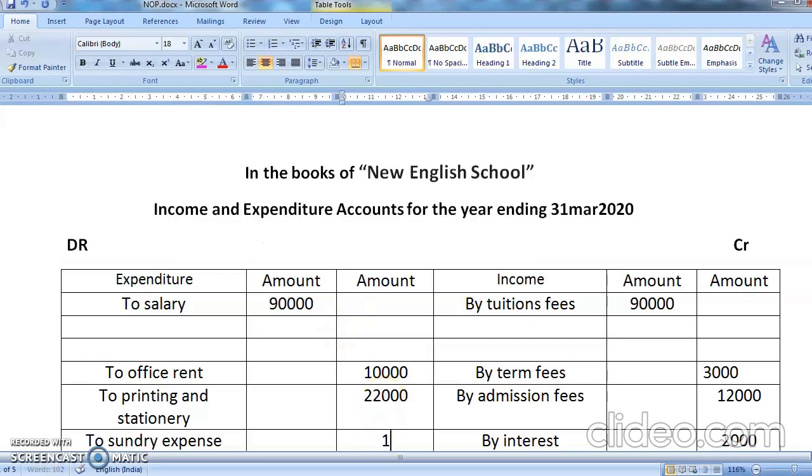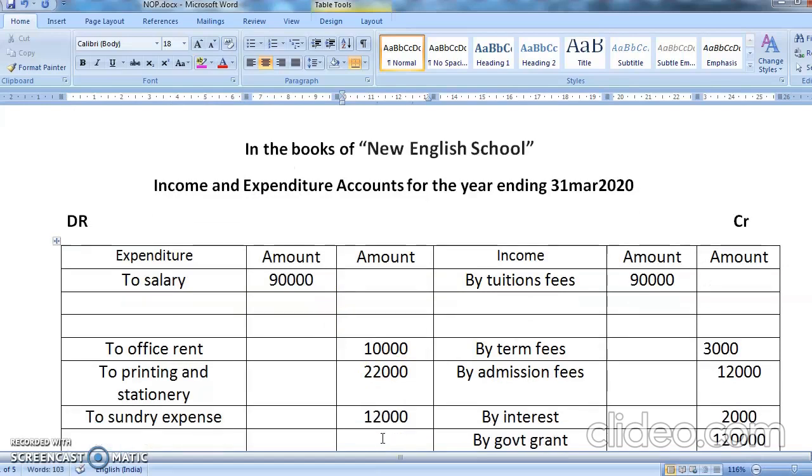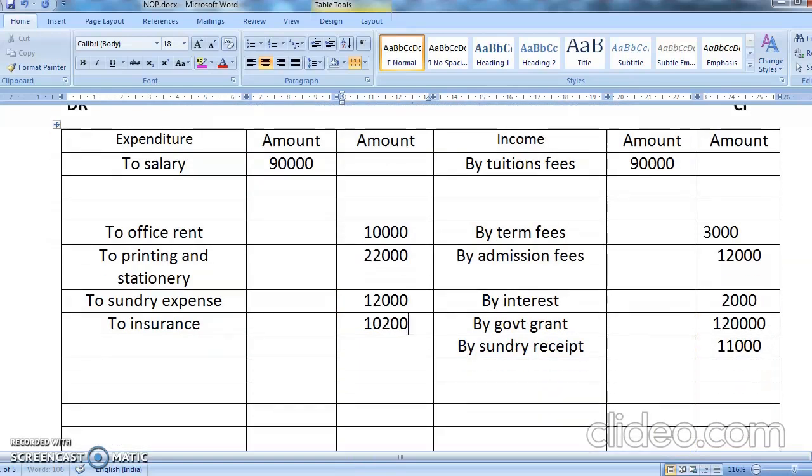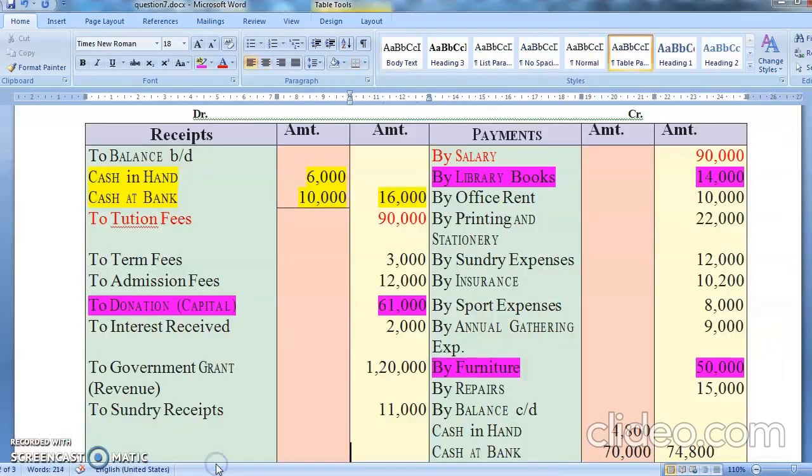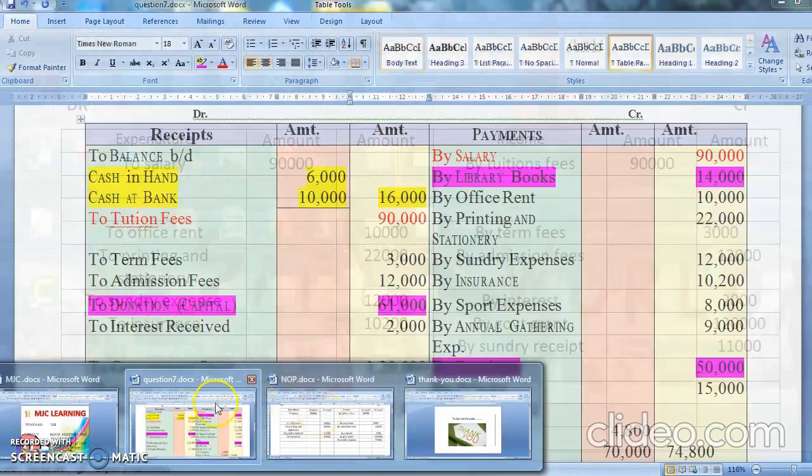Sundry expenses was 12,000, and then you had insurance, to insurance, was 10,200. Insurance is over. Sports expenses and annual gathering expenses, so we'll do these too.